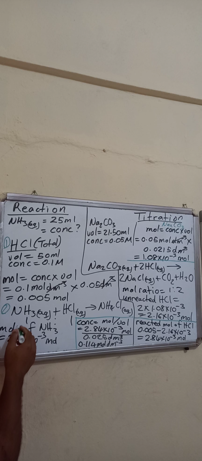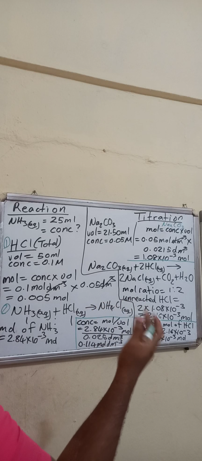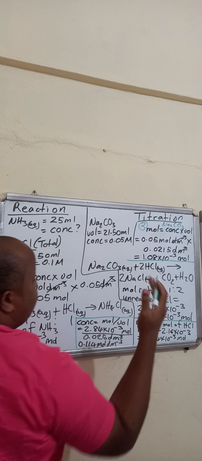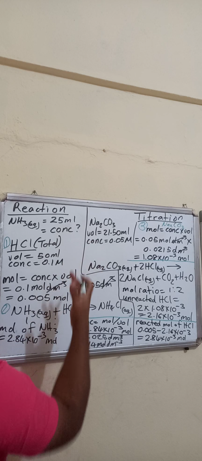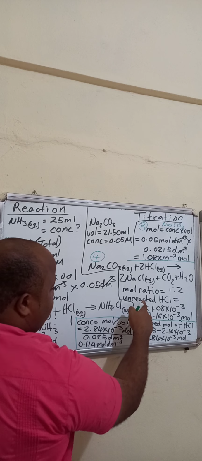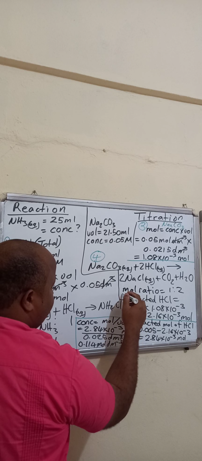So in terms of steps, you calculate total moles. That's step 1. Write the equation for the reaction as well as the mole ratio. Then you pause there, come over to the titration, calculate the moles of whether it's the acid or base, whichever you have the concentration for. Then you're going to write the equation for the titration and use the mole ratio to find the moles of the unreacted substance.